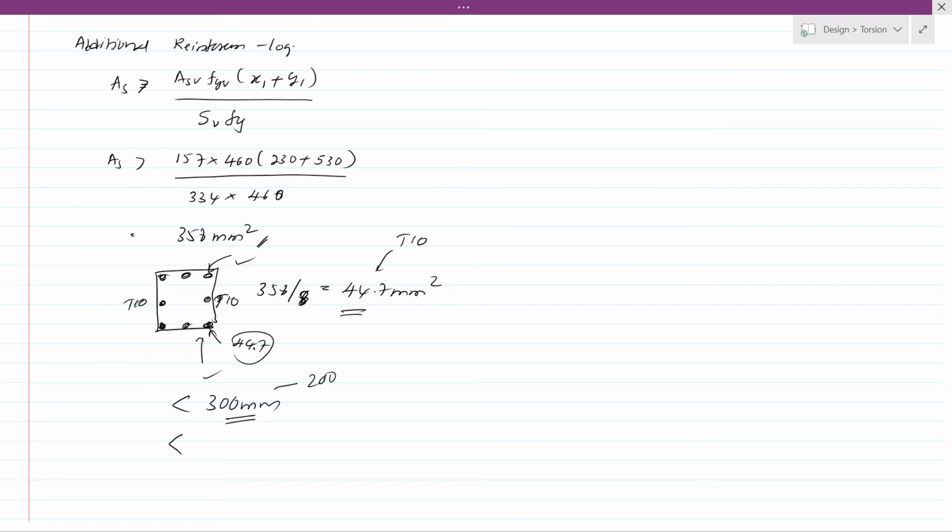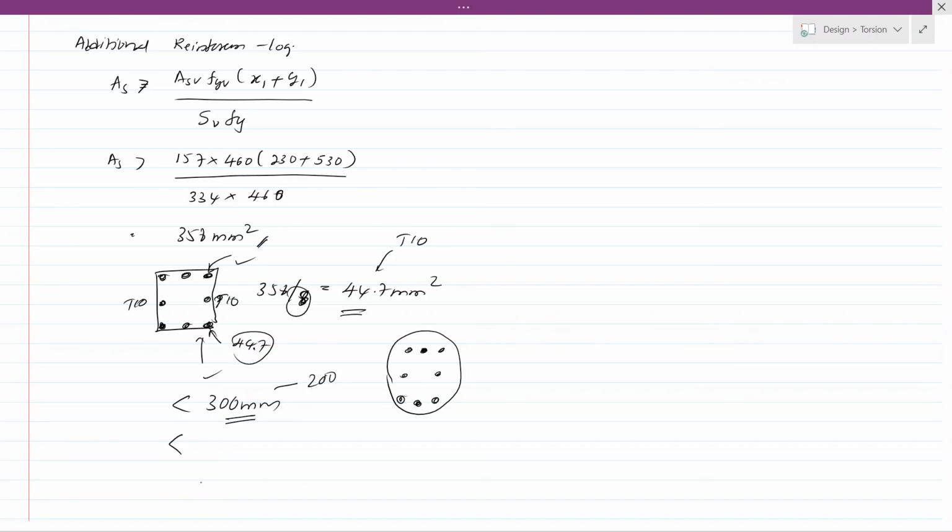So at least at corners you have to provide it. So instead of dividing into 8, you might divide into 6, that is, at corners you have to provide it definitely. When you have a higher beam width, you might go for a middle bar also. That's what we did in this example.